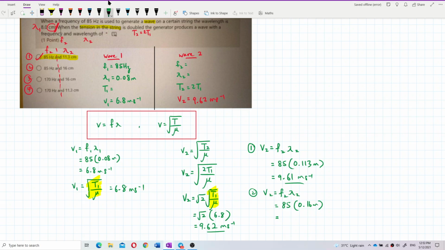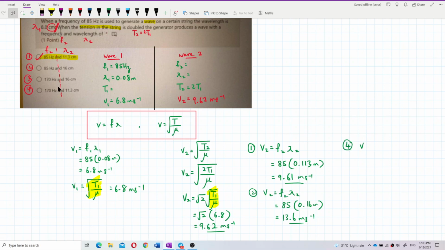And then the rest, the following one, frequency went up some more, lambda constant. And for the fourth one, the frequency constant, lambda went down again. Let's check number 4.